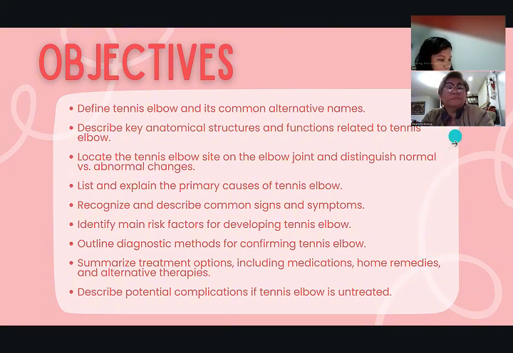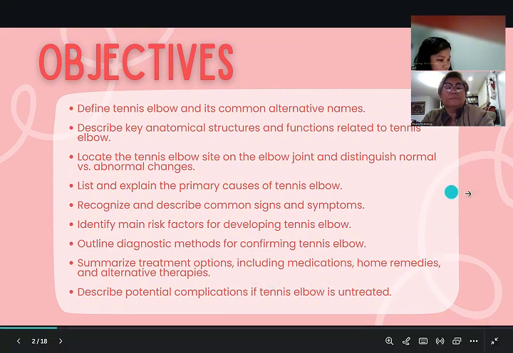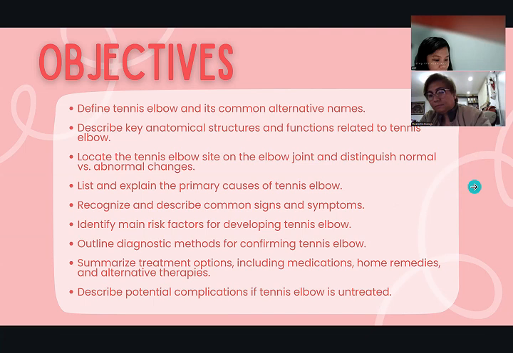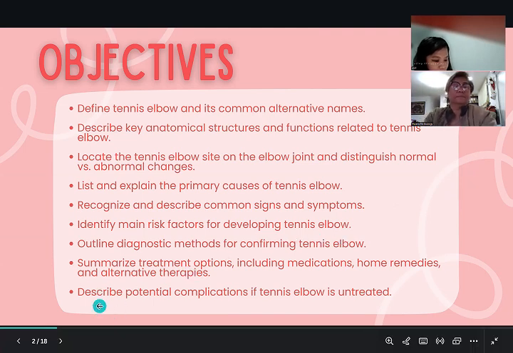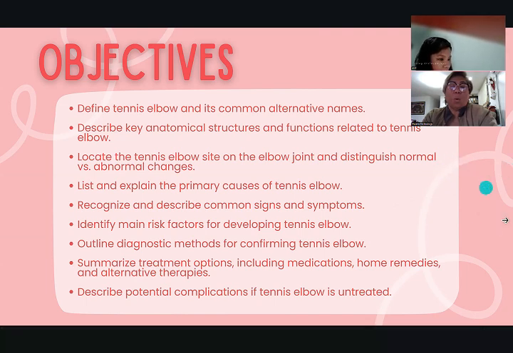List and explain the primary causes of tennis elbow, recognize and describe common signs and symptoms, identify main risk factors for developing tennis elbow. We outline diagnostic methods for confirming tennis elbow, and summarize treatment options, including medications, home remedies, and alternative therapies. And lastly, we will describe potential complications if tennis elbow is untreated.